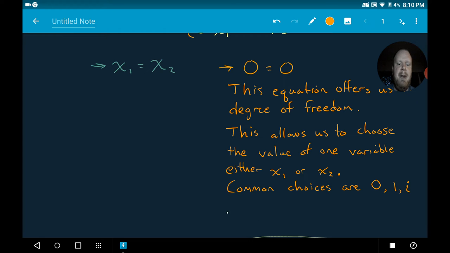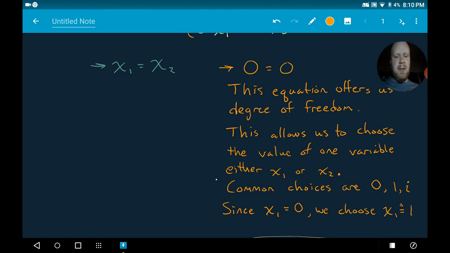So I'll say that since x1 cannot equal 0, we choose x1 is equal to 1. So we'll just set that equal to 1.